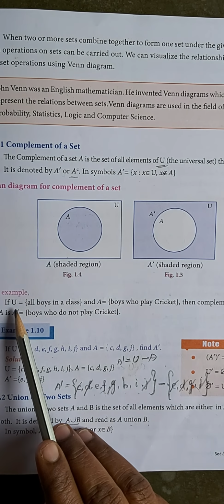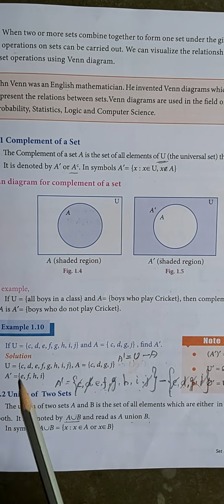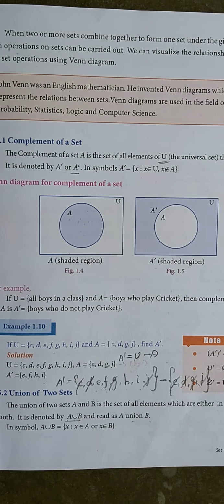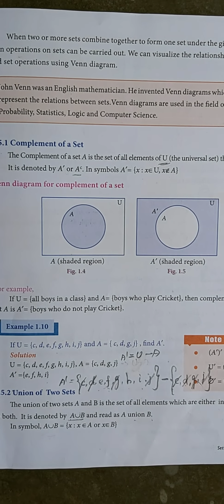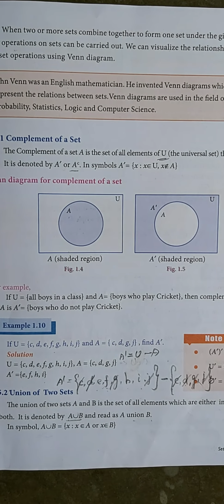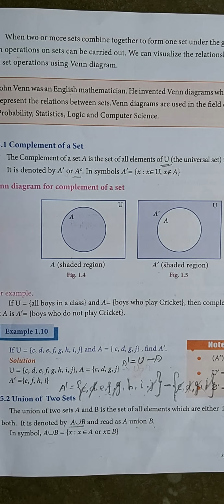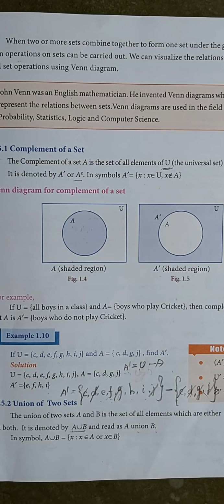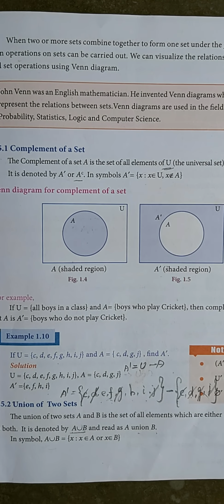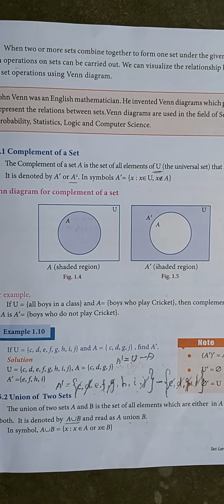For example, U equals all students in a class. U is the universal set, so all the students in the class are denoted. But set A denotes boys who play cricket. Only the boys who play cricket are members of A. Then the complement of set A is A dash.